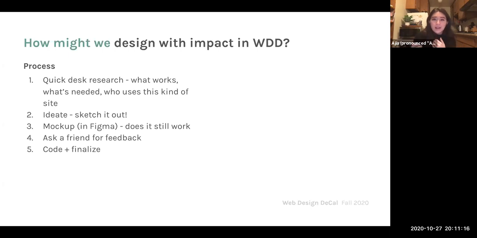So keep in mind, maybe a lot of people make a personal website, looking for what works in terms of portfolios, what is needed. Recruiters are your users, rather than just regular people. What are they looking for? What do they need? That's basically some quick desk research that you could do.